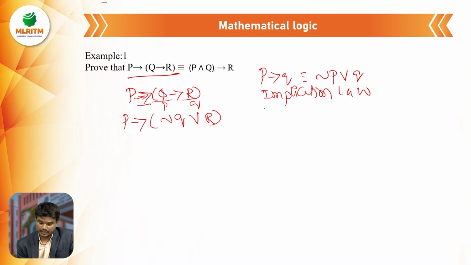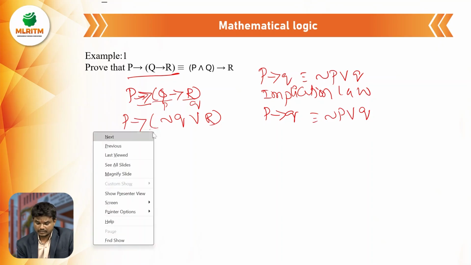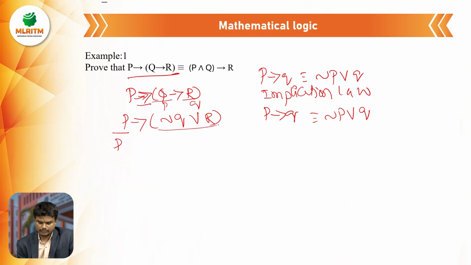Then again apply the implication law. P implies Q is equivalent to negation P or Q. So this is P, and we consider this one as Q. So we apply the implication law: negation P or (negation Q or R).